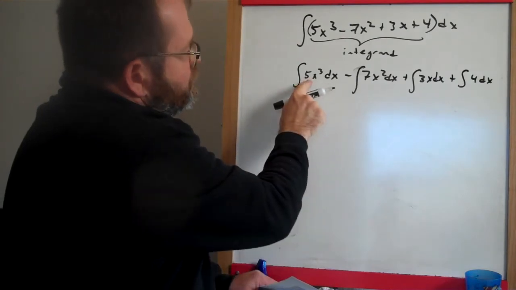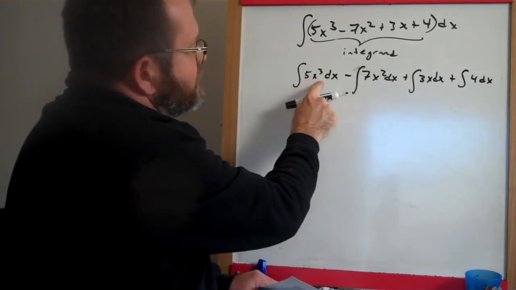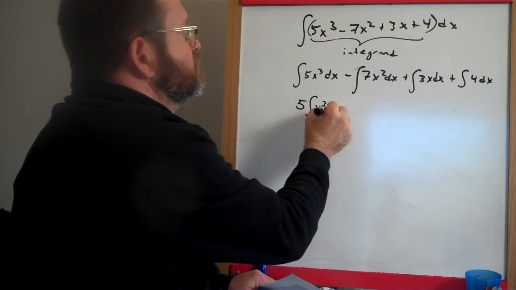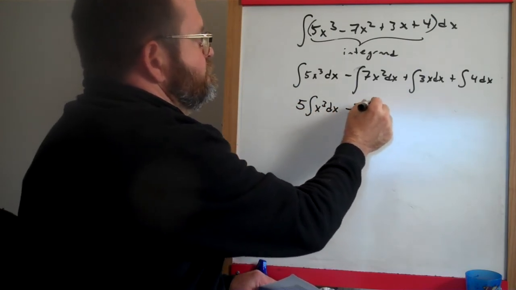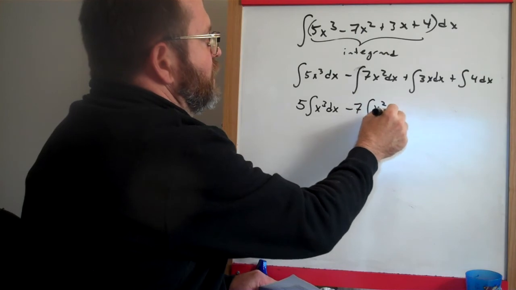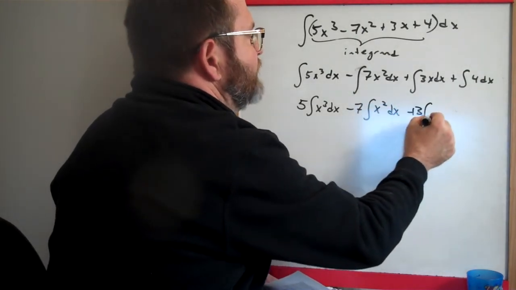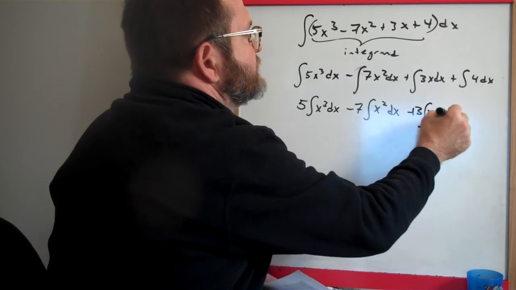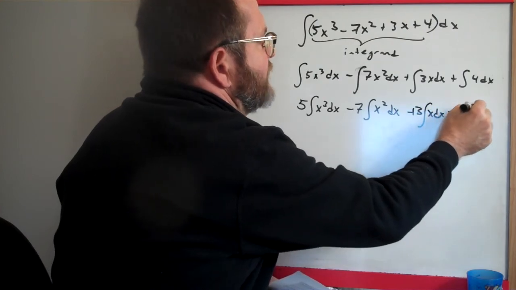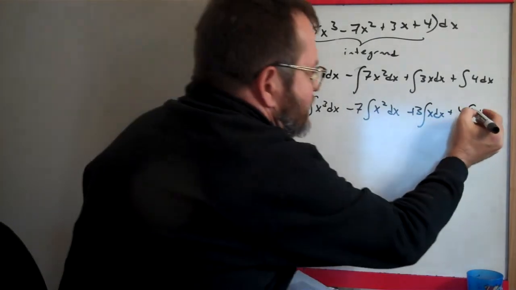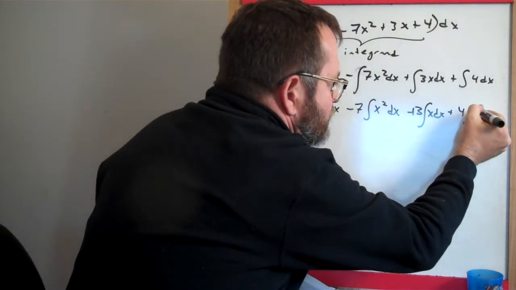Notice each of these has a constant in front of the function, so we can just pull those out: 5 times the integral of x cubed dx minus 7 times the indefinite integral of x squared dx plus 3 times the indefinite integral of x dx plus 4 times the indefinite integral of nothing dx. That's the same thing as saying x to the 0th power.